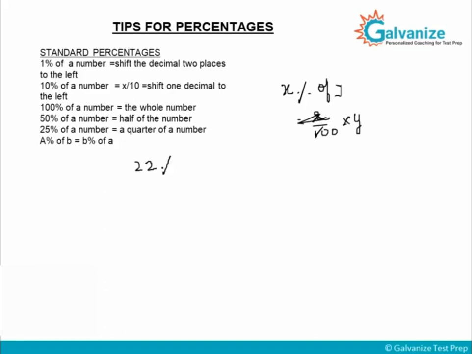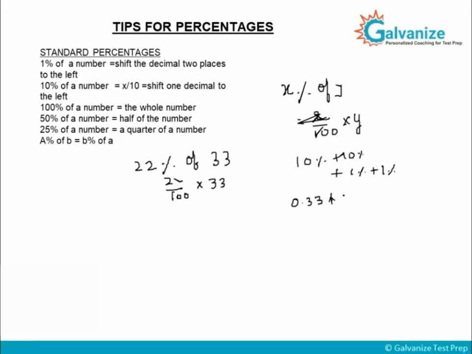So for example, suppose I'm asking you to find out 22% of 33. A normal common instinct is to write it as 22 by 100 times 33. Don't do this. What should you do? Write this 22% as 10% plus 10% plus 1% plus 1% of 33. 10% of 33, shift 1 decimal place to the left, so 3.3.